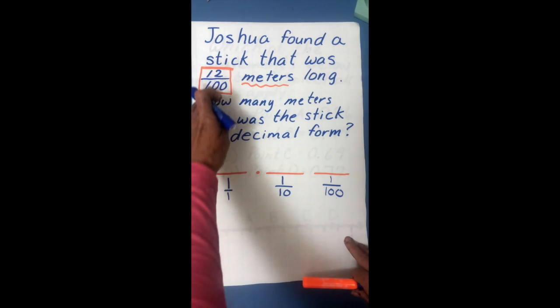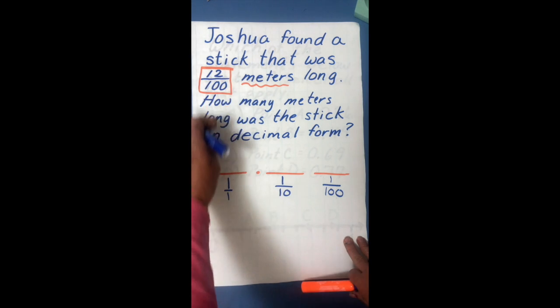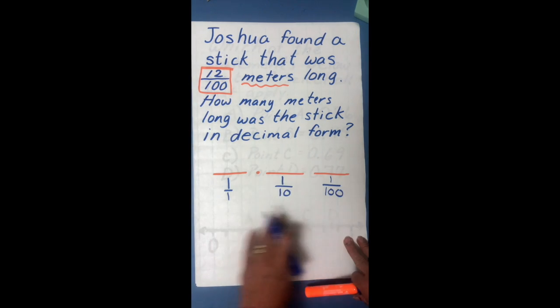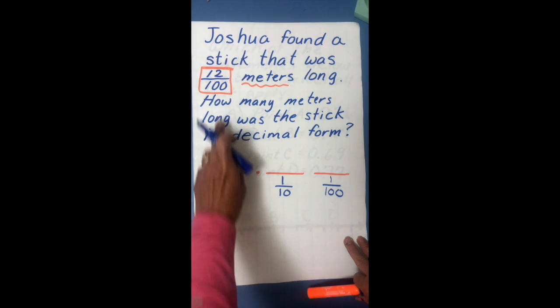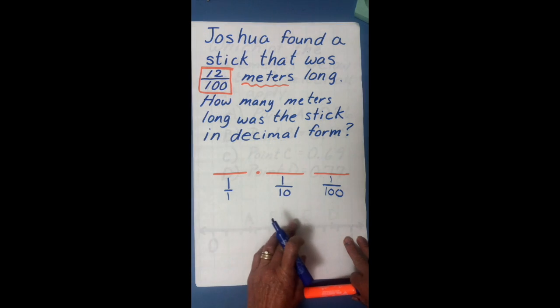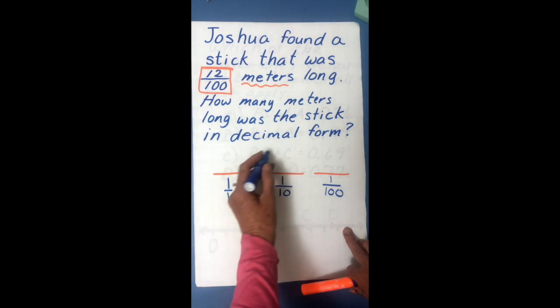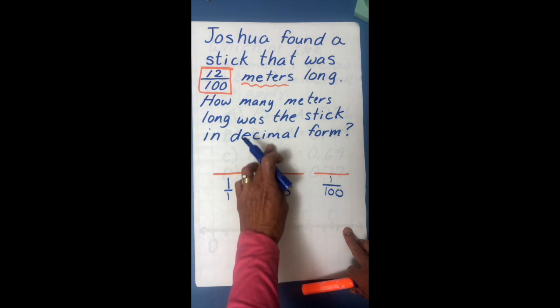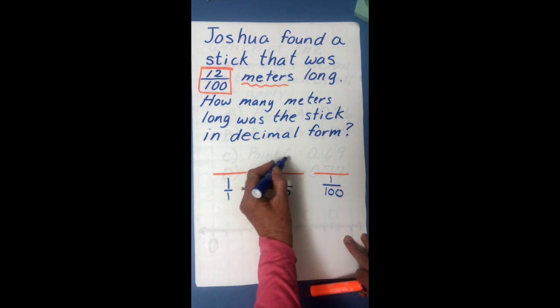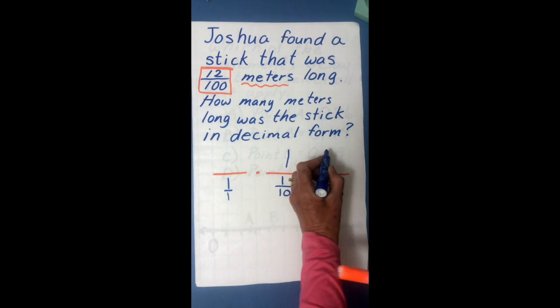Now, it says I have 12 hundredths. When I'm writing this on my decimal place value chart, I know the 2 needs to end in the hundredths place. So if I write 12 here, the 2 digit will end in the tenths place, so that's not correct. So it must be here.